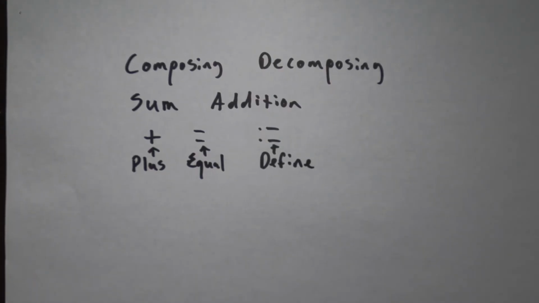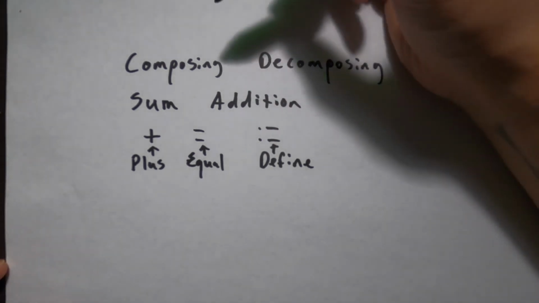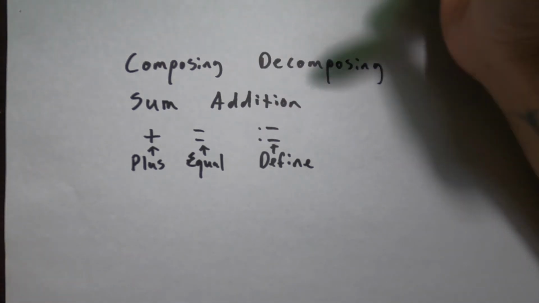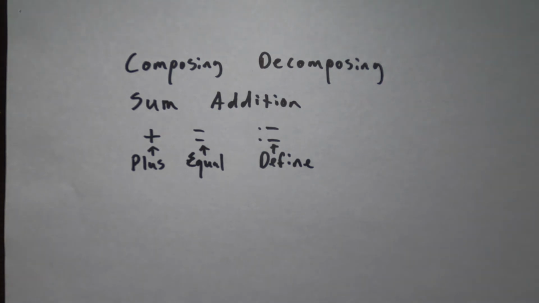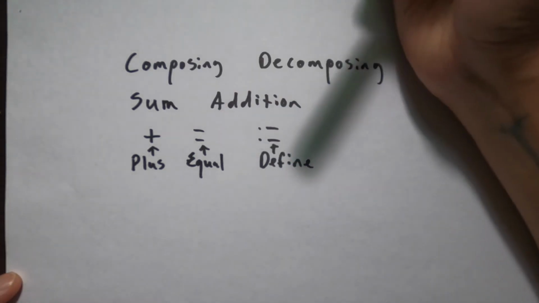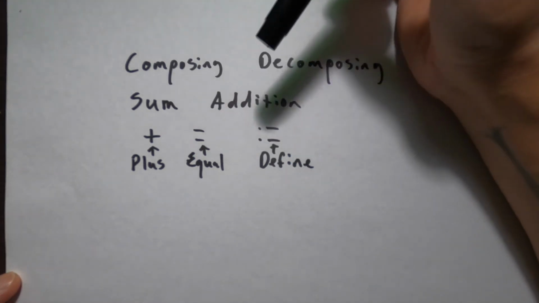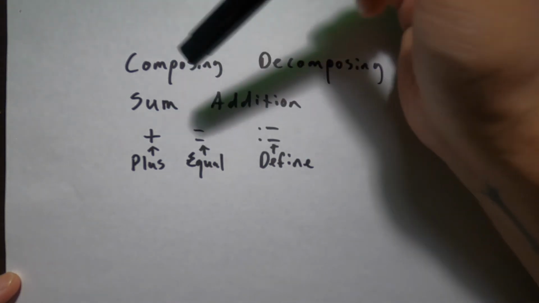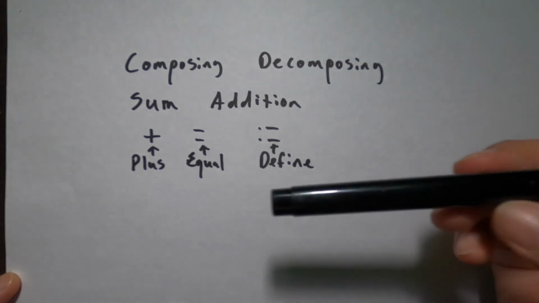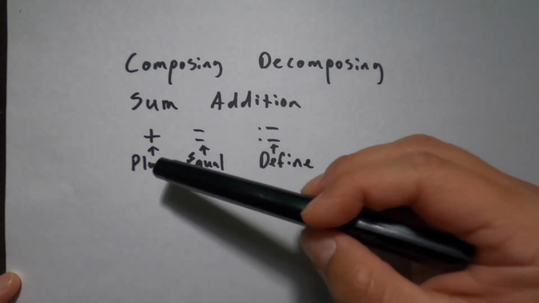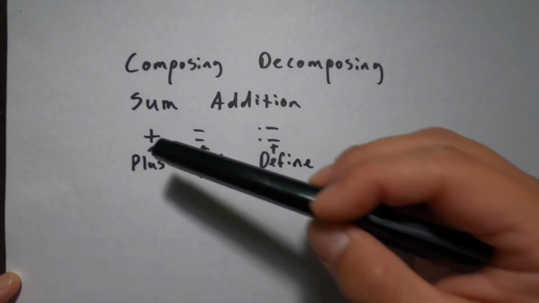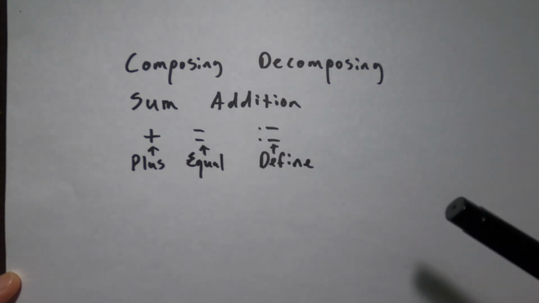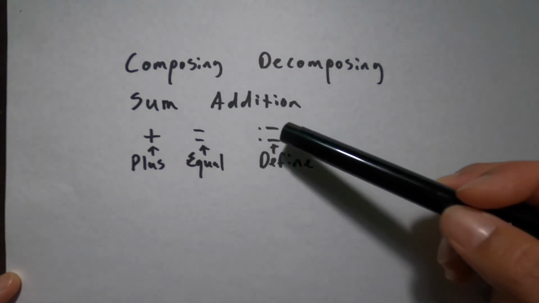Okay, so what we did today was we briefly went over composing and decomposing. We went over the sum of numbers, addition, adding numbers, and we showed how they're all connected together. We used the plus symbol, the equal sign symbol, and we used define.